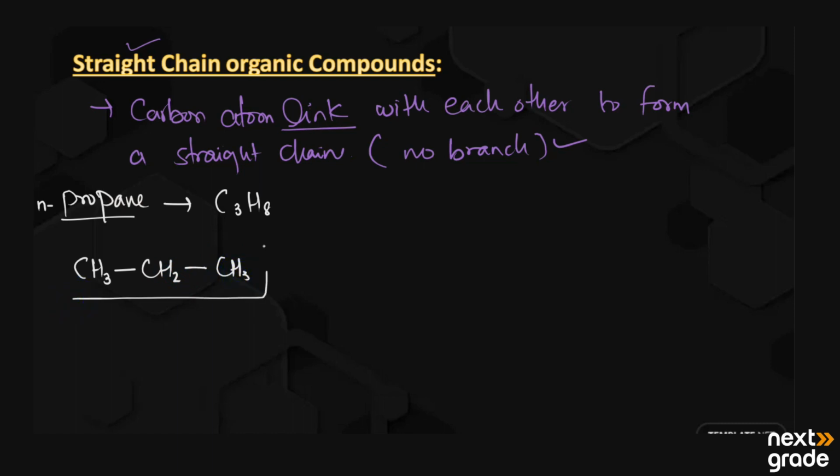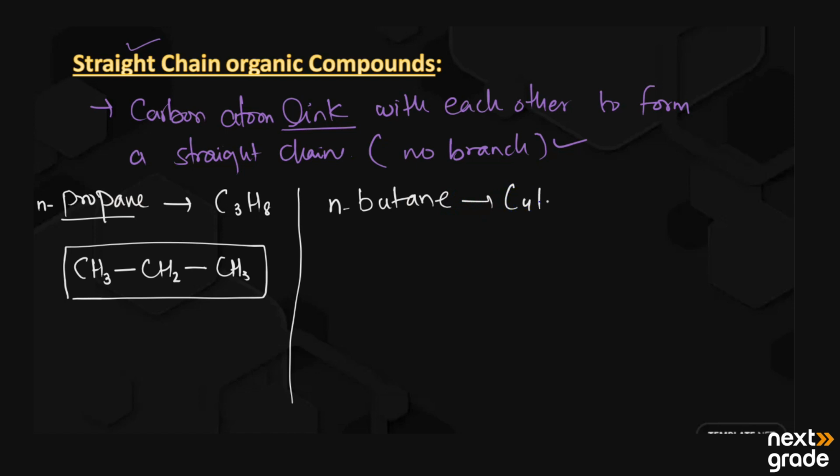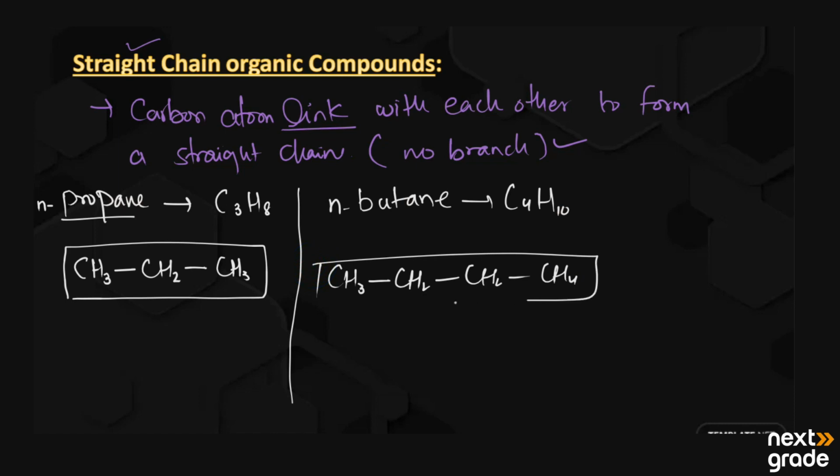So this is the straight chain formula for propane. And if we take another example like n-butane, then its formula is C4H10. So we have CH3, CH2, CH2 and CH3. So this is the straight chain formula for butane.